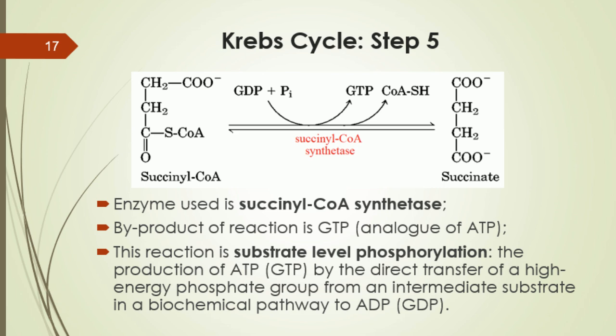The fifth step is substrate-level phosphorylation of succinyl-CoA, during which energy released during hydrolysis of the thioester bond is stored as a GTP molecule. Unlike oxidative phosphorylation, the process of substrate-level phosphorylation proceeds without the formation of an electrochemical potential in the mitochondrial membrane.